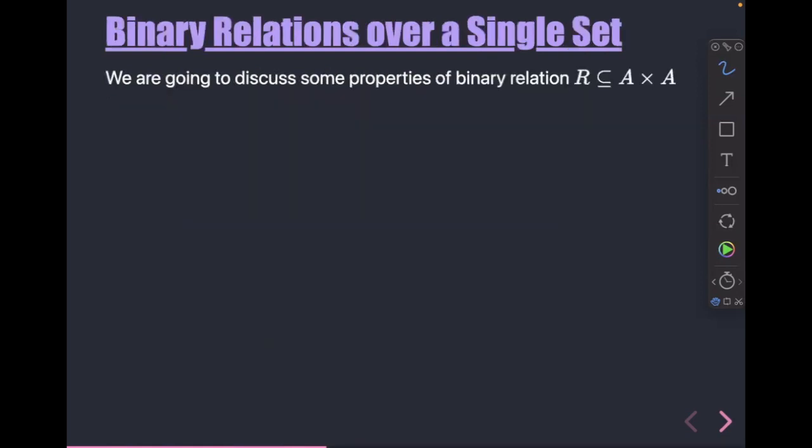And so a lot of binary relations are going to happen over a single set. This is what I was talking about previously over the integers. You have a lot of different properties where X and Y are both integers, something like that.